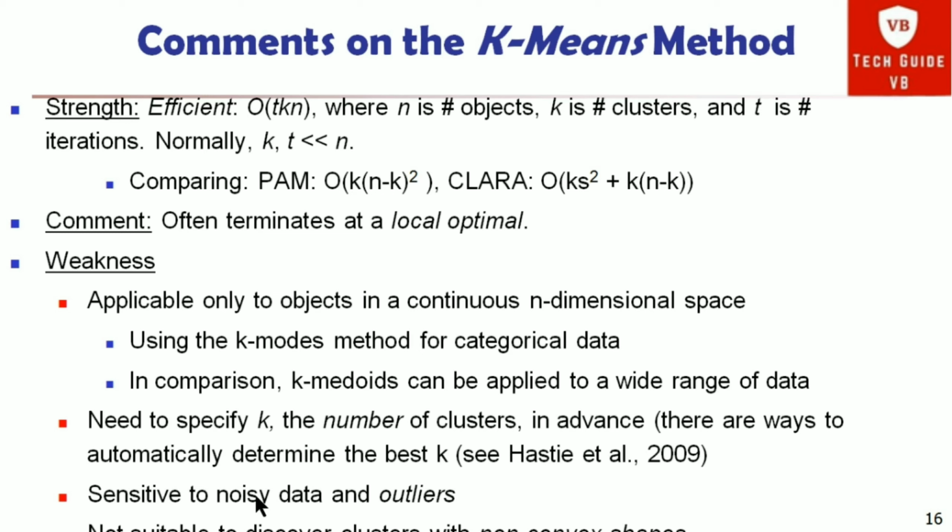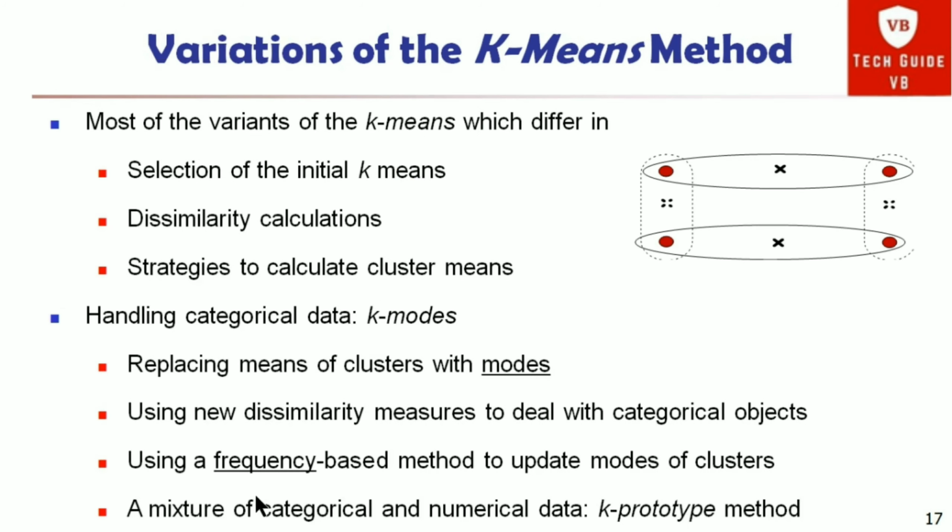Use the k-modes method for categorical data. In comparison, k-medoids can be applied to a wide range of data. It needs to specify k, the number of clusters, in advance. This is one of the weaknesses, and it is sensitive to noisy data and outliers. This is a very important weakness of the k-means method, and it is not suitable for some situations. These are some of the strengths and weaknesses of the k-means method.